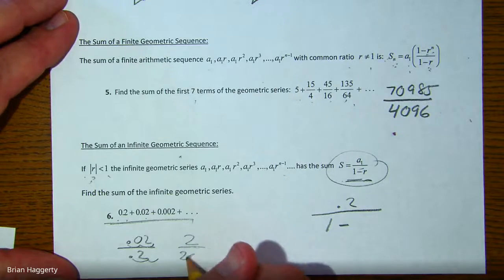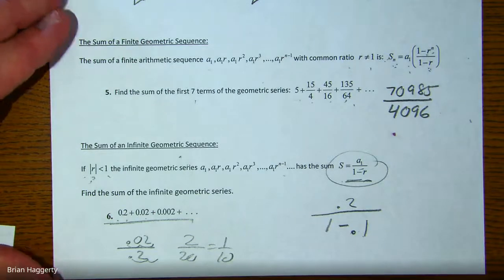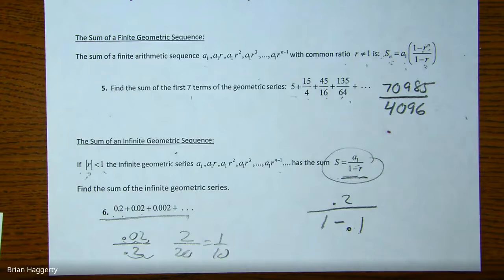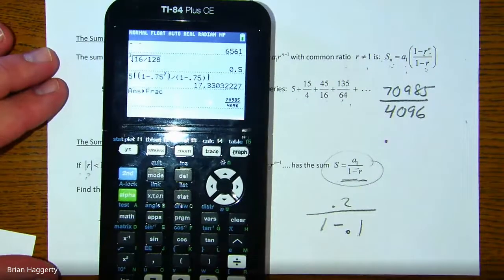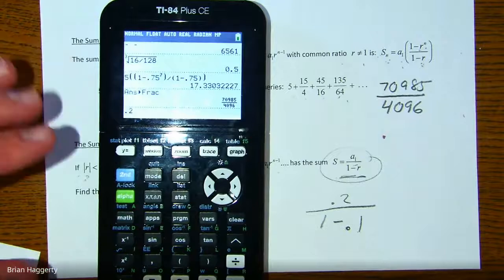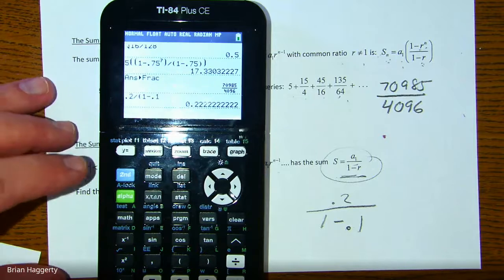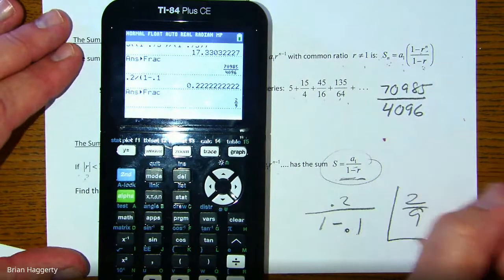So that's 2 over 20, or 1/10. So 0.2 divided by 1 minus 0.1. Subtract that answer. 2/9.